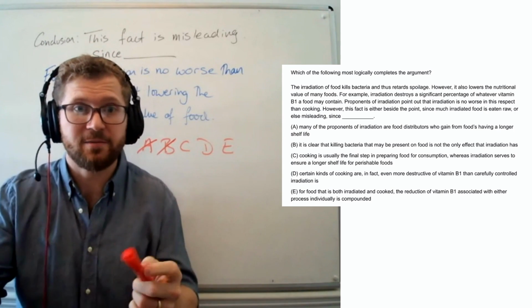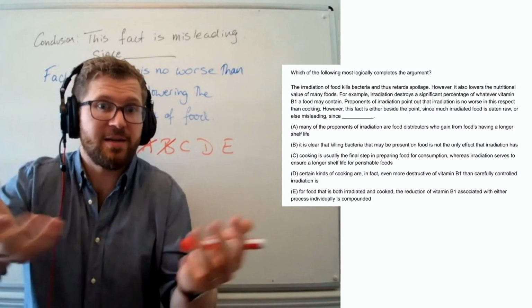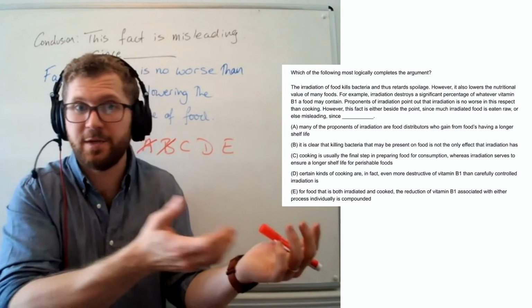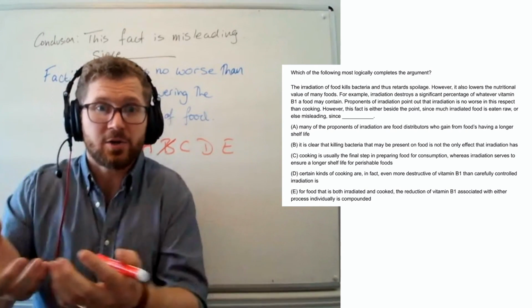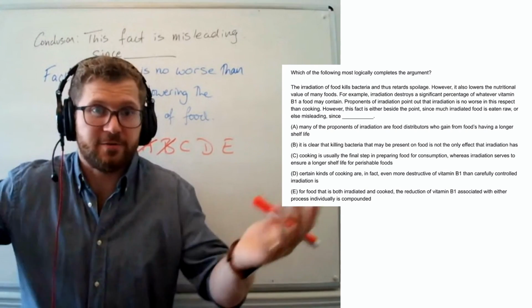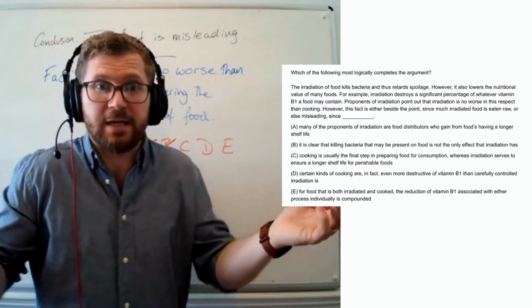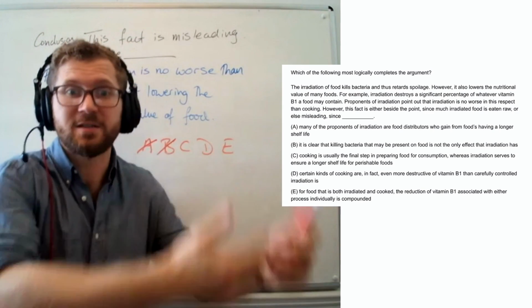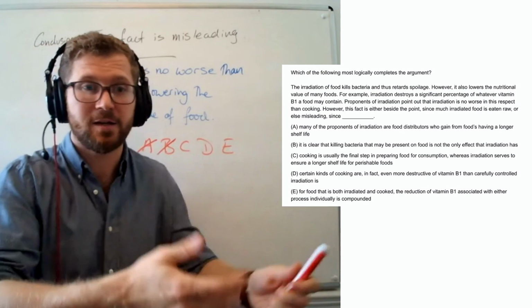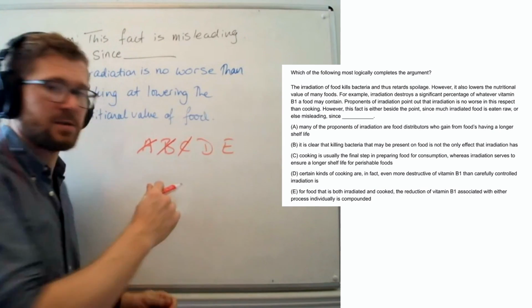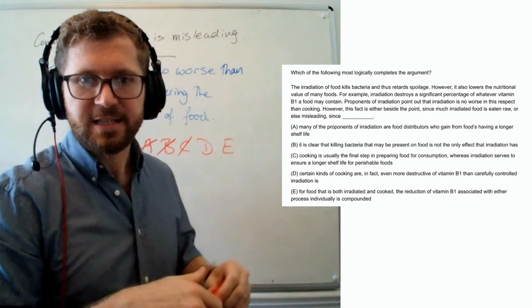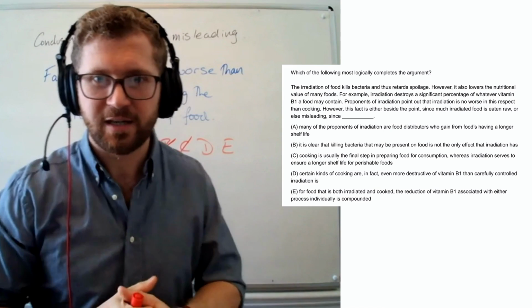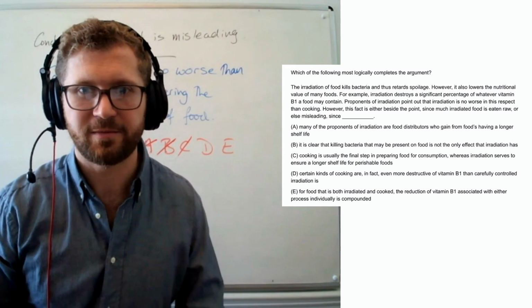We know that irradiation might come first, it's going to be on longer shelf life, when this food is being prepared to go into the store. Cooking's the last step. It's the last thing you do before you eat it. So, okay. That doesn't tell us why this fact is misleading. It doesn't give us any reason, any evidence, any backup, so we can cross C out.